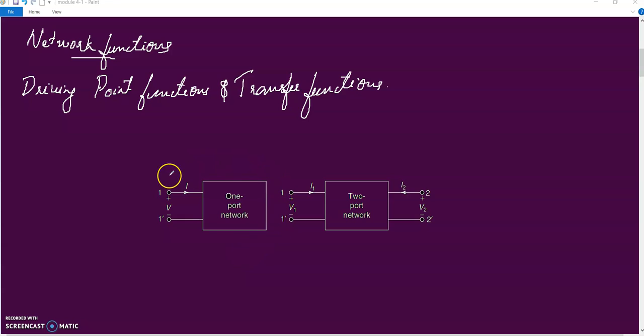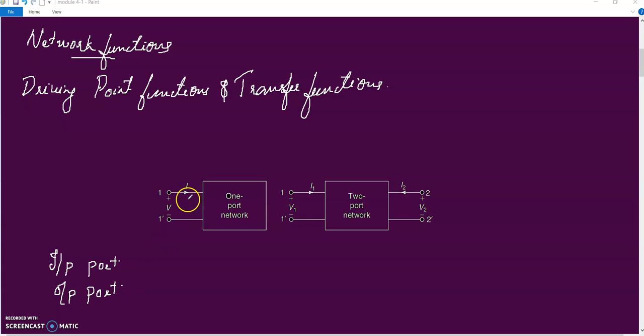If there are two pairs of terminals, it can be called a two-port network. Input port and output port. Input port is the port to which energy source is connected, and output port is the port to which the load is connected, that is from where we take the output.